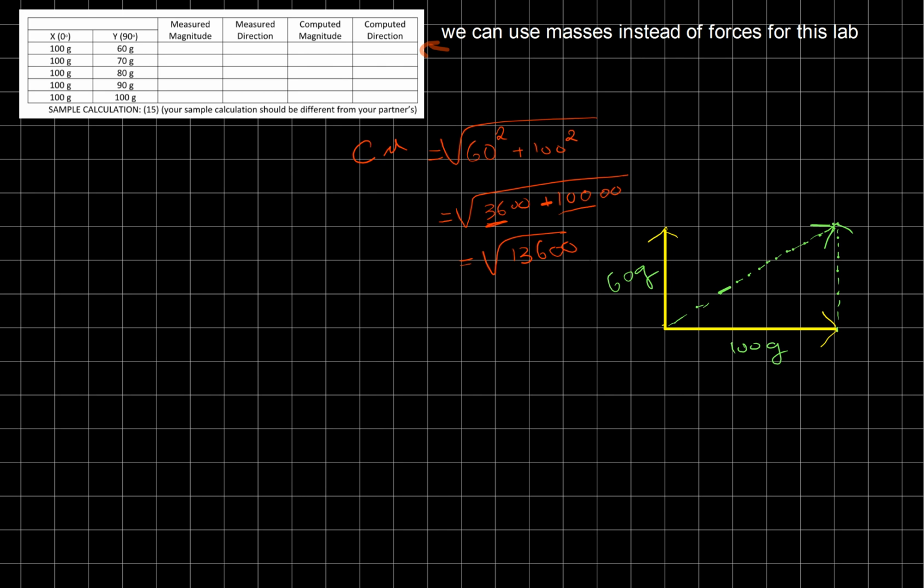You take the square root of this number, and you end up with 116.69, and that rounds off to 117 grams. Okay, so this is your computed magnitude: 117 grams.